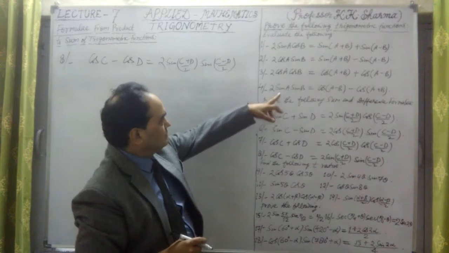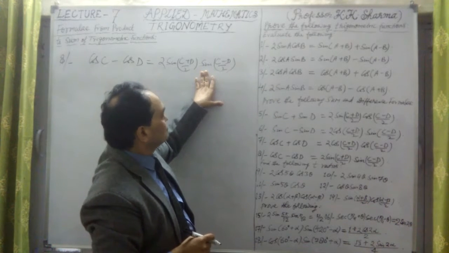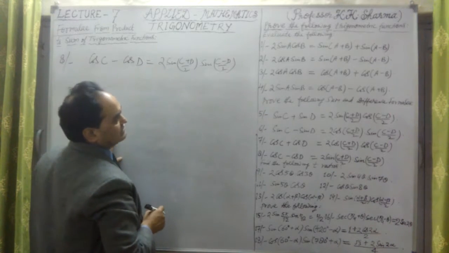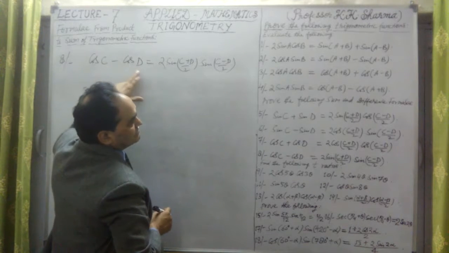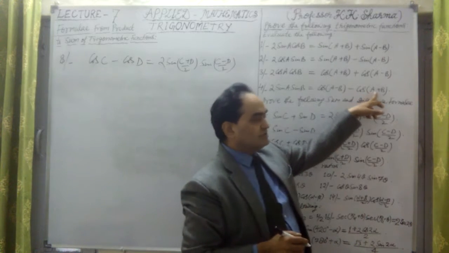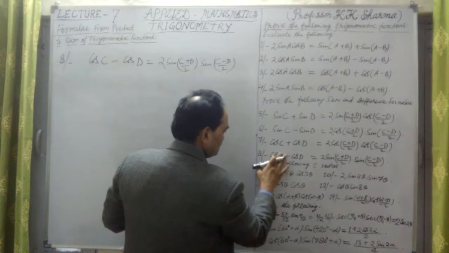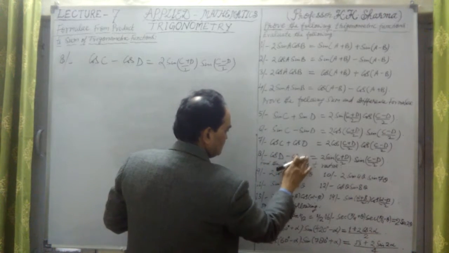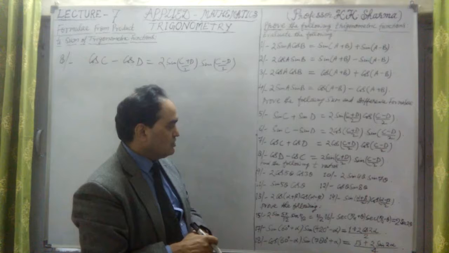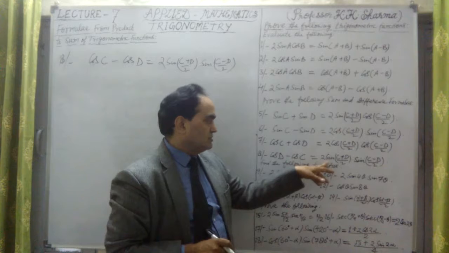Because if I put here the 4th question, then on the right hand side it will be 2 sin (C plus D) by 2 into sin, but on the right hand side it will be first D, it will be D minus C. Because this A plus B is C, this is D. I'm sorry to say, this is first D, then C. Cos D minus cos C, either we write that, or if we write cos C minus cos D, then it will be 2 minus sin.